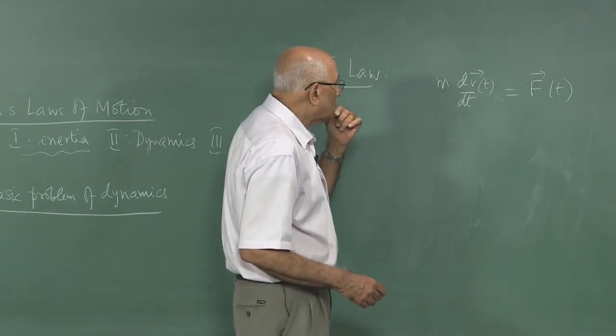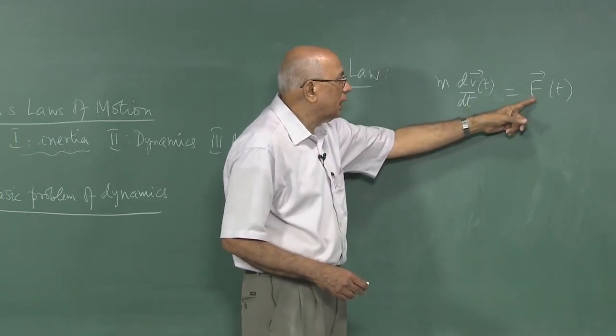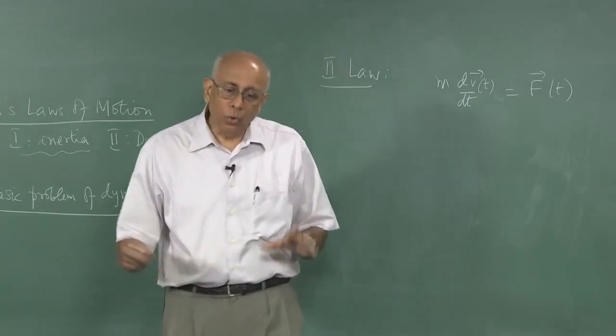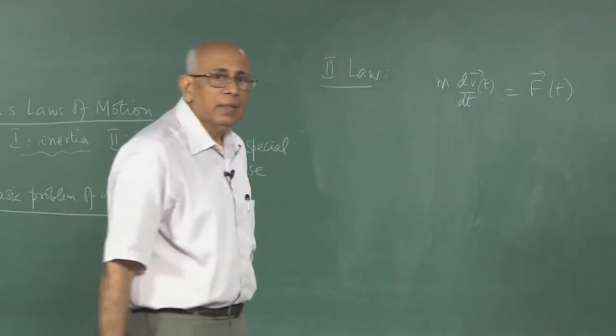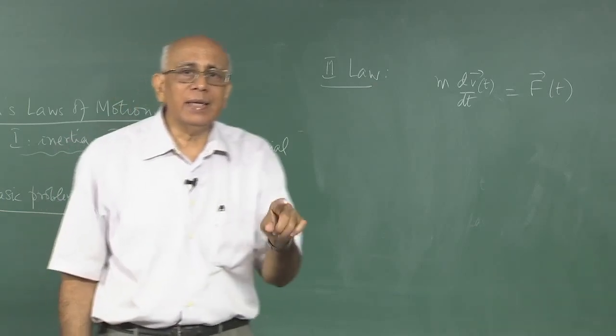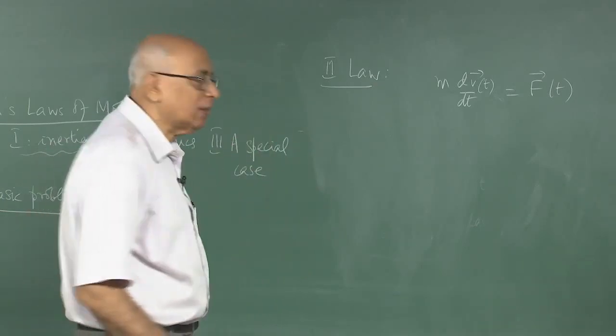So notice also that it is linear in the sense that if I have two forces acting on a body, then the resultant acceleration is guaranteed to be the sum of the accelerations in a vector sense.